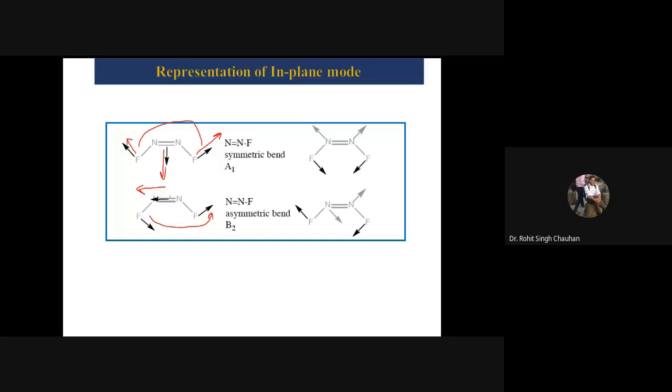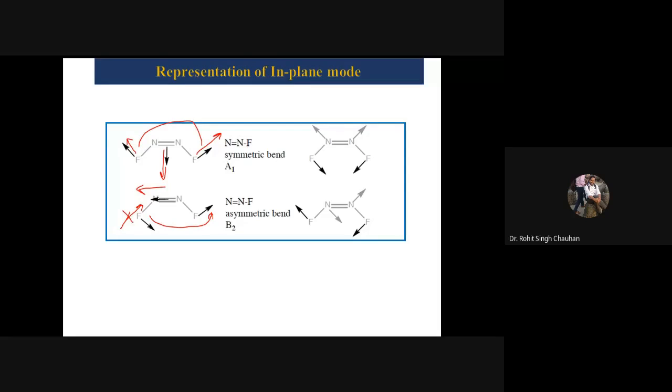Remember one thing: whenever you are drafting this depiction with respect to the angle, rather than the bond length, you should always think about which is the deciding factor. Here the deciding factor is the angle, that is theta, right? That's why you cannot write that F is also moving in this direction. You cannot write it like earlier, as we did for stretching. This is wrong.